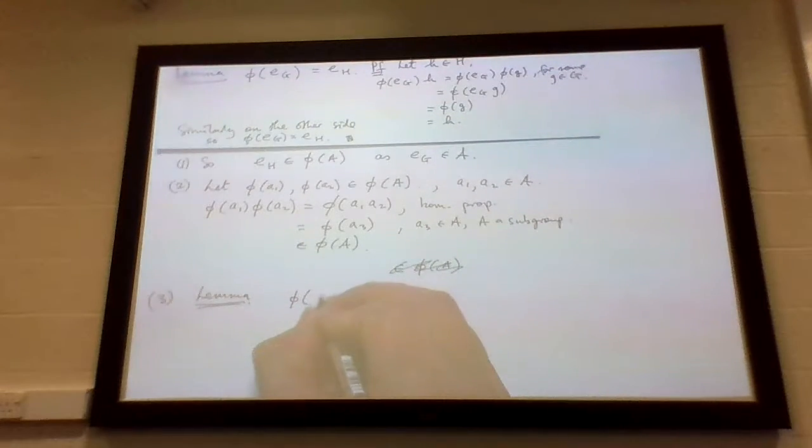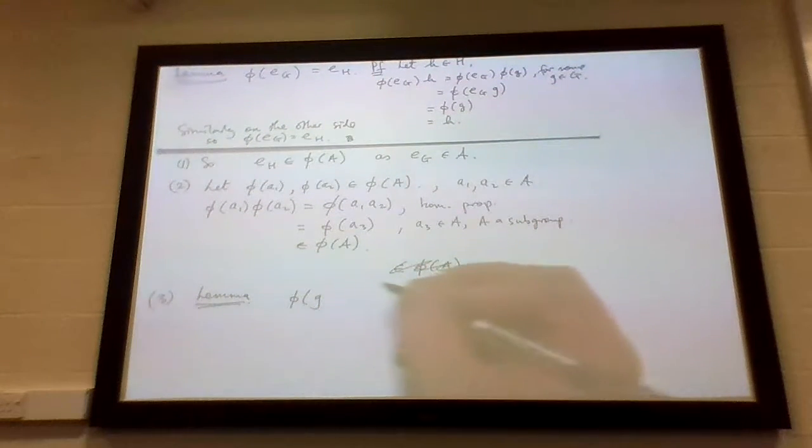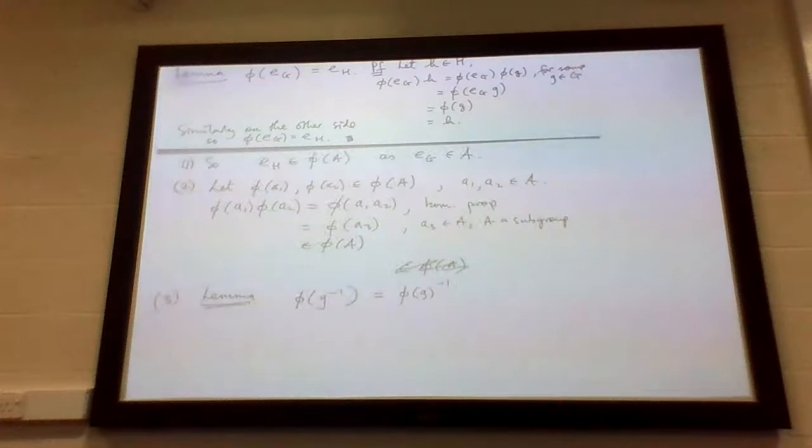I think what you're trying to say is phi of g maps to h, and then phi of g minus 1 is mapped to h minus 1. So forget about the h. Phi of g inverse is the inverse of that element. I think that's effectively what you said, but you were just introducing another name for those, but you don't need to.